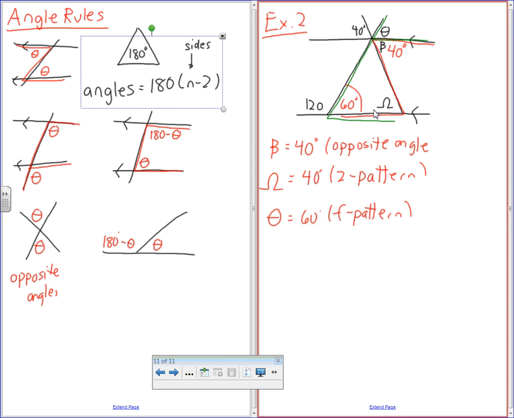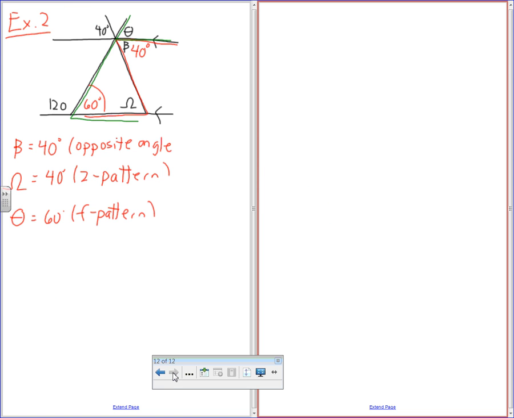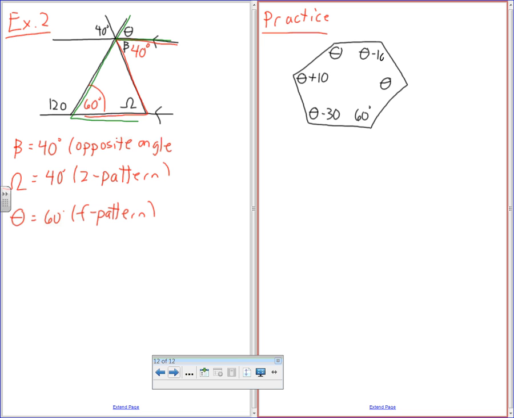So one homework question, if you want one on this. It's going to look something like this. Practice. I'll leave one of those for practice for tonight.